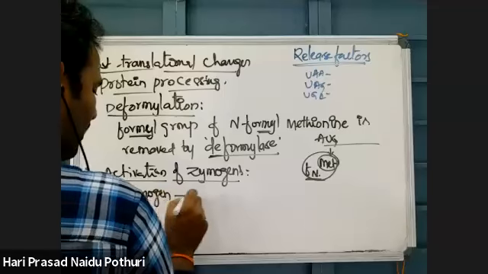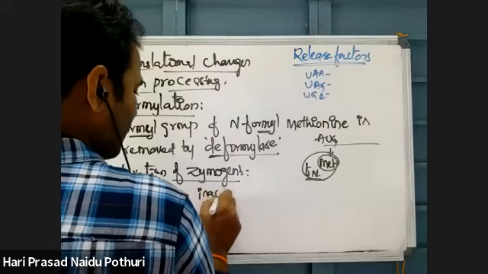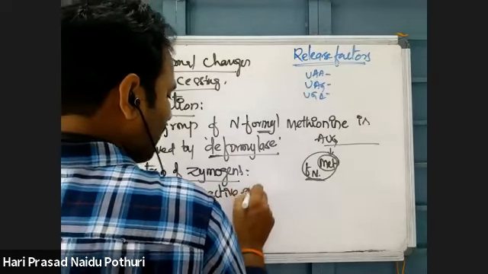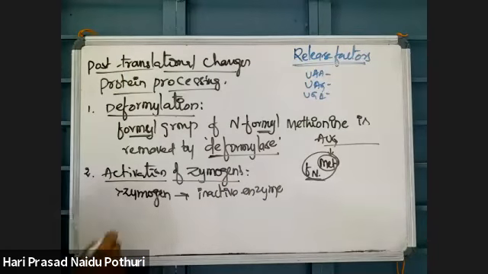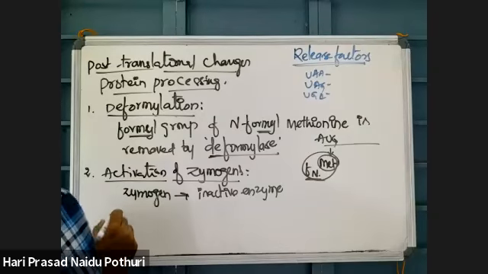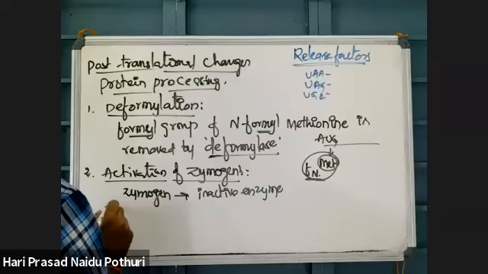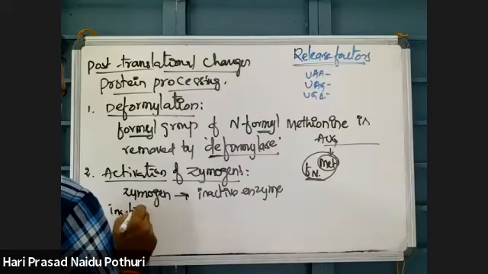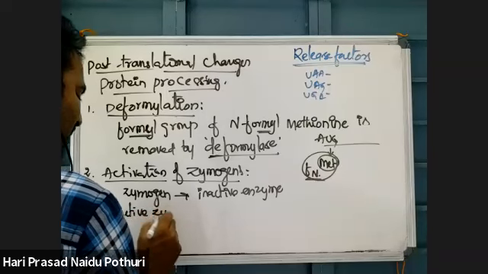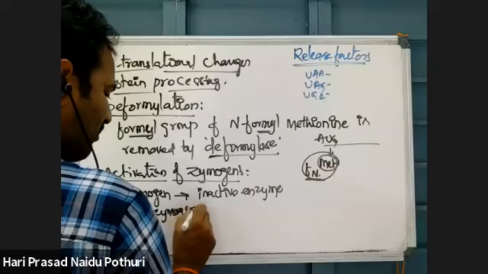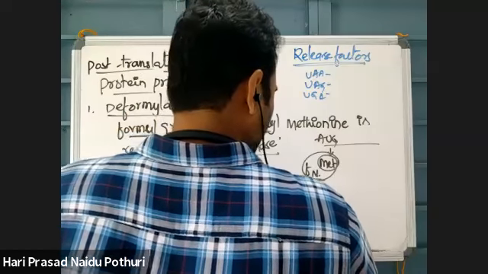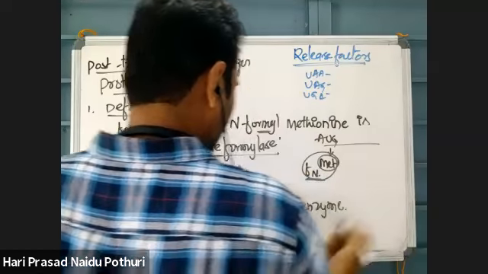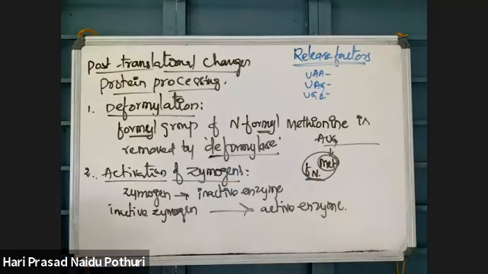Zymogen is an inactive enzyme, because all enzymes are proteins, you know. That inactive enzyme, the zymogen, may be modified into the active form of the enzyme. That is also a modification.